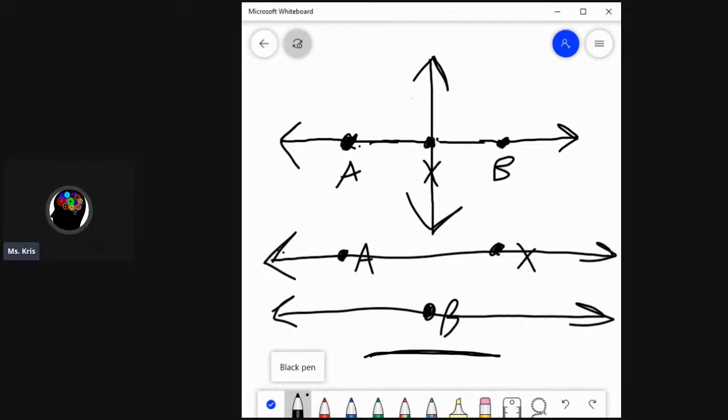Now, what's special about perpendicular lines as a whole is that not only do they intersect, but they intersect making perfect right angles. So anytime you're dealing with perpendicular lines, know that they intersect making perfect right angles on all sides of its intersection.